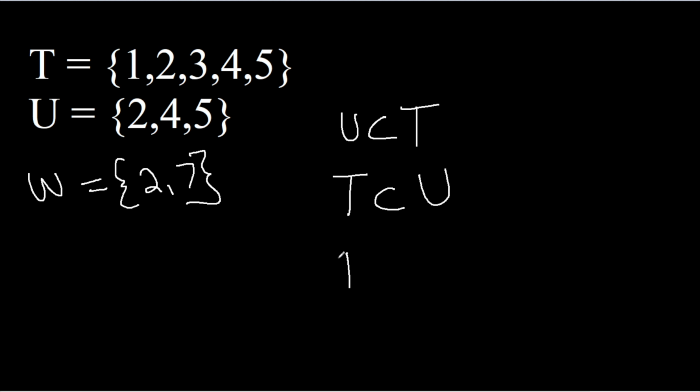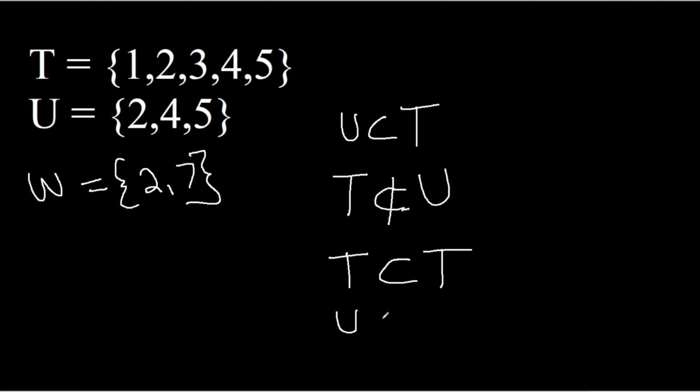However, T is a subset. Let's make this clearer with the little nod in there. T is not a subset of U, but T is a subset of itself, because every element of T, 1, 2, 3, 4, 5, can be found in T. It's a subset containing all of the elements of T, but it is a subset.